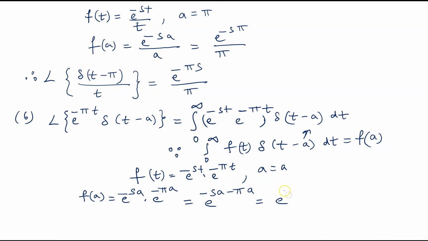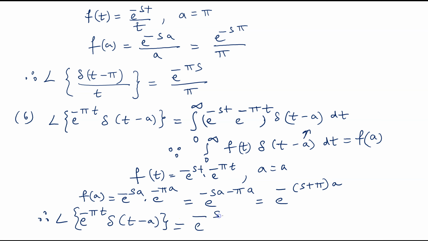If you take minus a common, you get minus of s plus pi into a. Therefore, Laplace transform of e power minus pi t into delta of t minus a equal to e power minus of s plus pi into a.